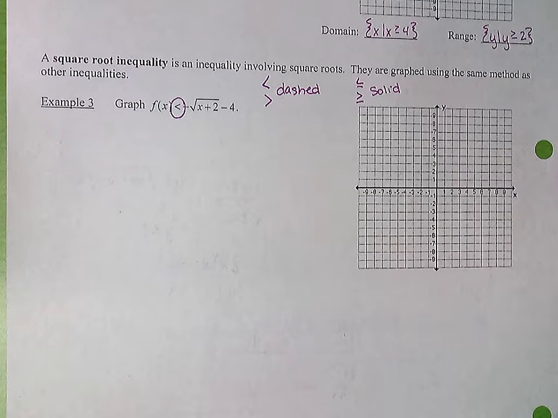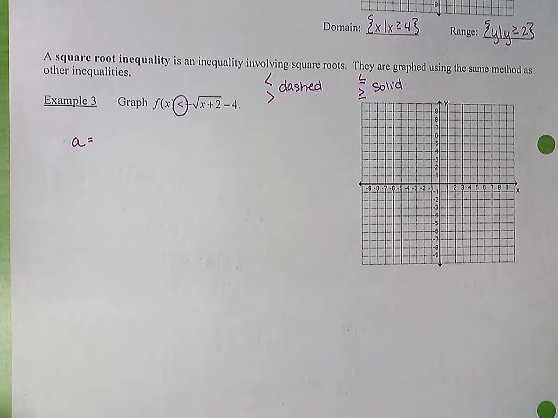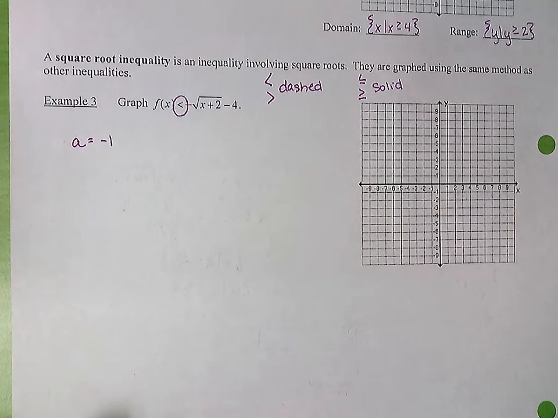So now again, I want to graph this. First here, what's my A value in this problem? It would be -1. If A is negative, what does it do?